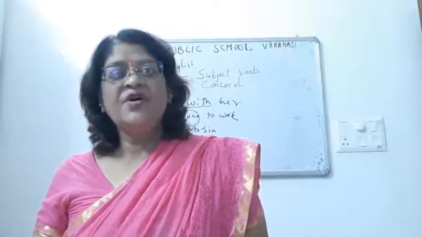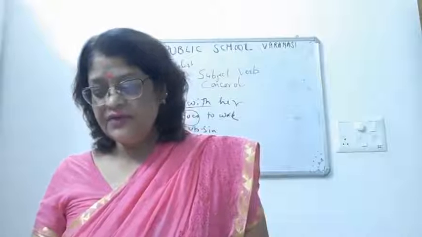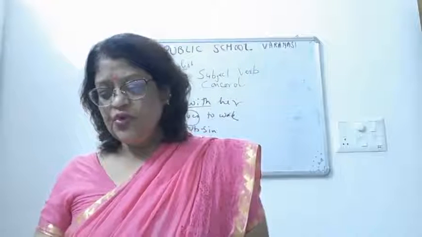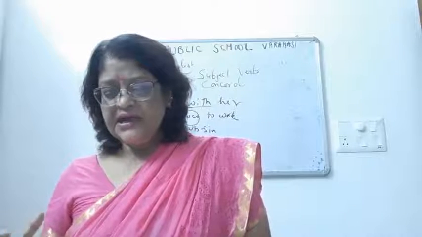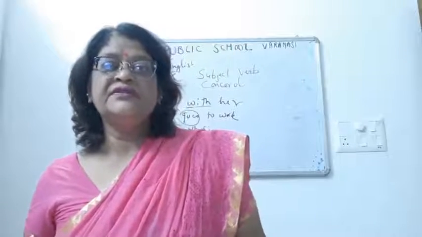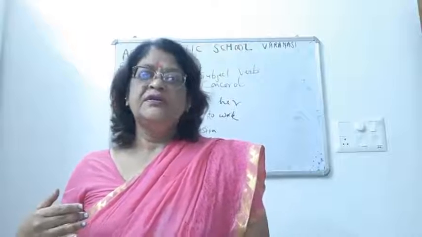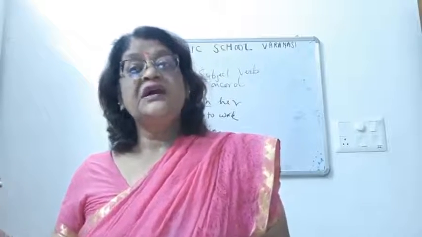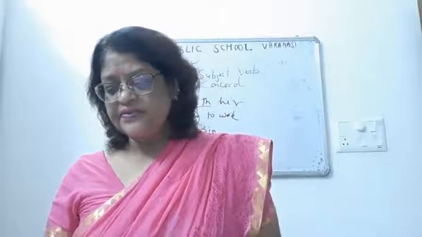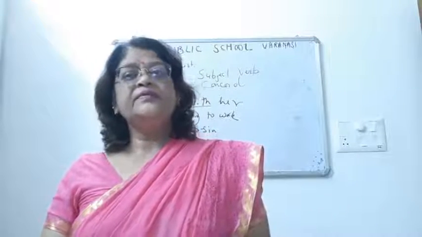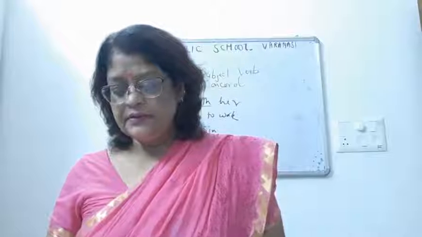A herd of cattle is a collective noun, so the whole unit is taken as singular. But children, the class is sitting quietly. Class is the whole unit, but the students of the class are talking. If individuals are taken separately, the verb can be plural.